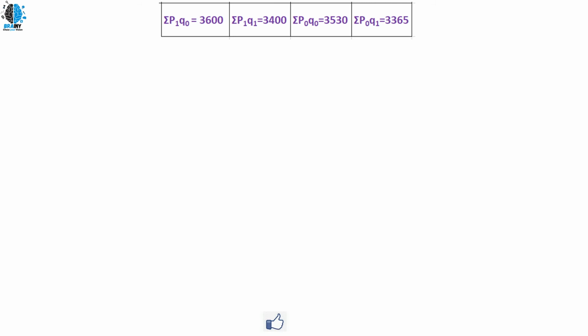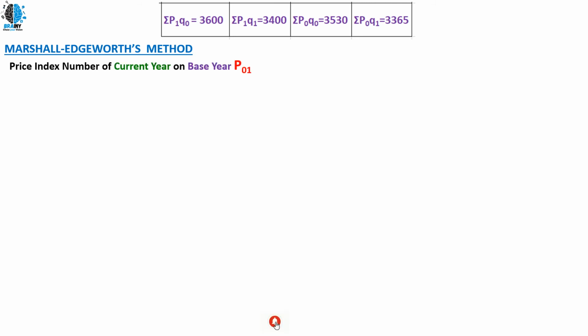So I am going to start this solution with the Marshall-Edgeworth method. What is the Marshall-Edgeworth method? We know the price index number of current year based on base year, P01, is given by this Marshall-Edgeworth formula.